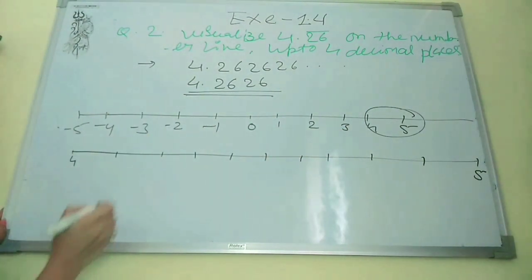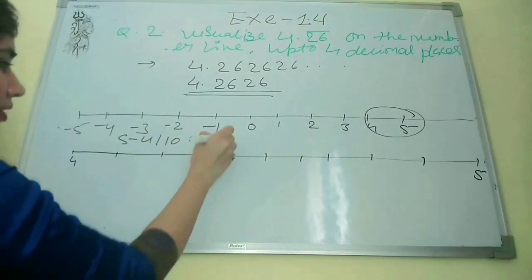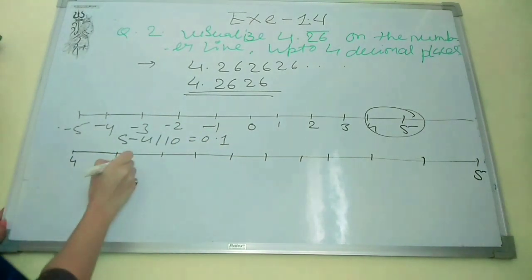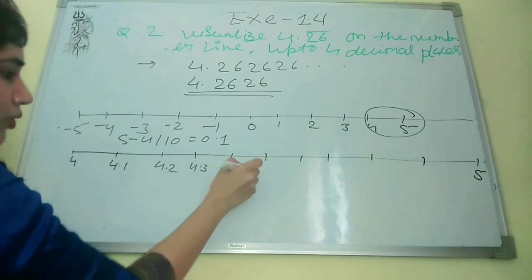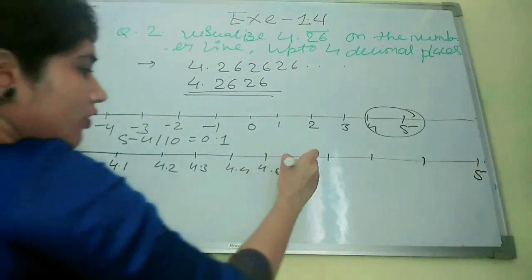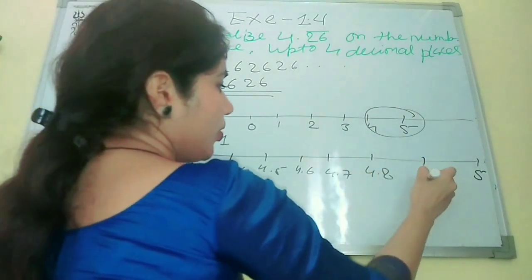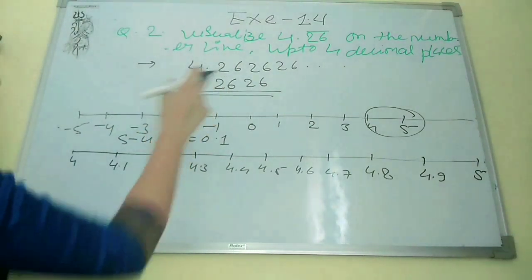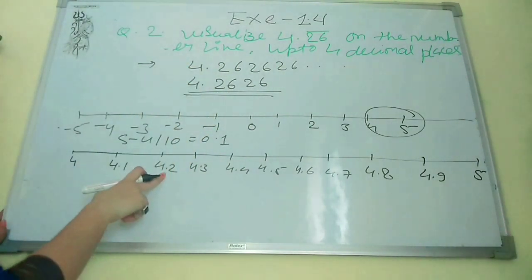The first measurement will be 5 minus 4 divided by 10, that will be 0.1, and we will add this 0.1 to 4, that means 4.1, 4.2, 4.3, 4.4, 4.5, 4.6, 4.7, 4.8, 4.9 and 5. So sorry, 4.2 we have found here.